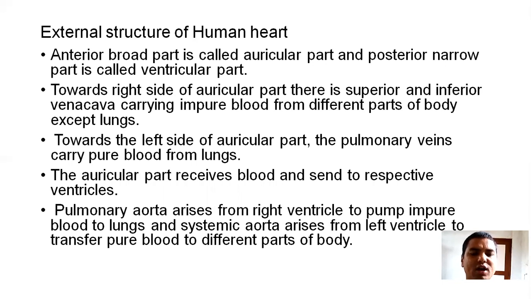The auricular part receives blood and sends it to the respective ventricles. The pulmonary aorta arises from the right ventricle to pump impure blood to the lungs, and the systemic aorta arises from the left ventricle to transfer pure blood to different parts of the body.